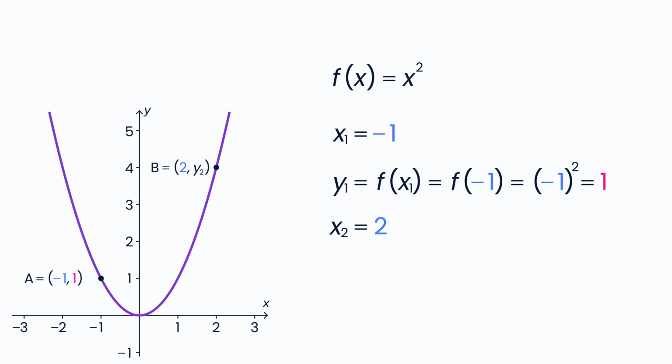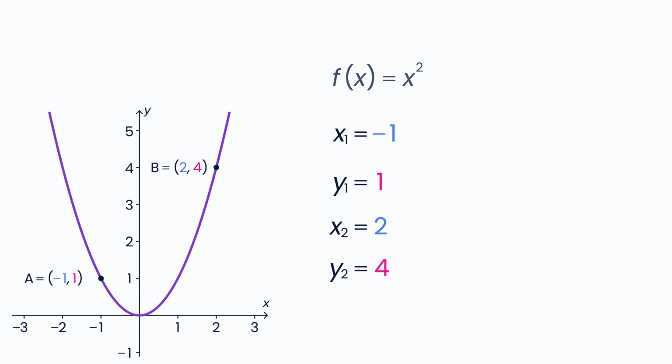The corresponding y value for x2 is called y2. y2 is then given by y2 equals f of x2 equals f of 2 equals 2 squared, which equals 4. For the given interval, you have now found the endpoints, A at minus 1, 1 and B at 2, 4.